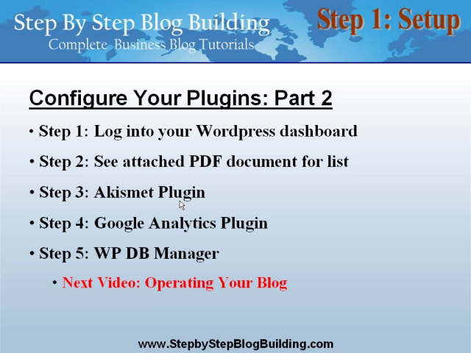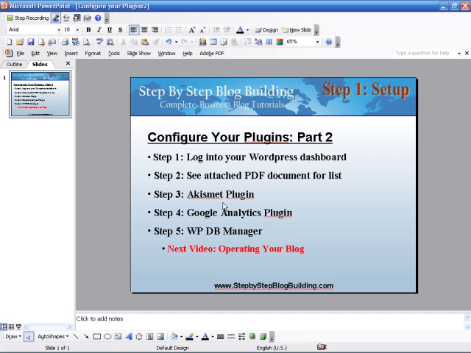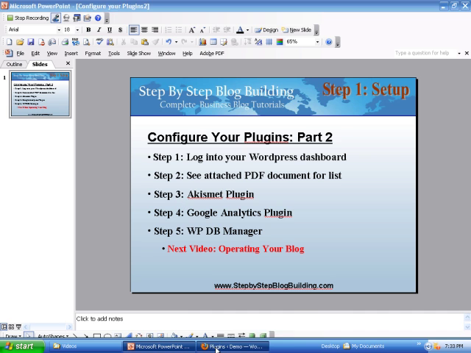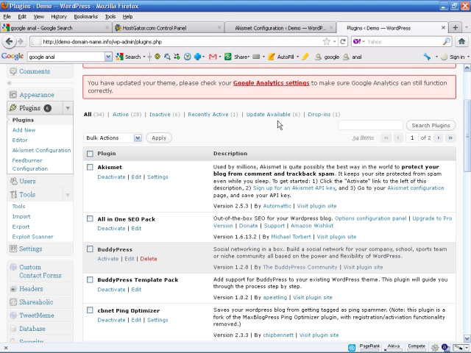You need that one. The Google Analytics, which is very powerful. It is optional, but you probably want to learn how to do that one as well, so you can monitor your traffic and so forth. As well as we'll take a look at this database manager, which has a little quirkiness to it that we need to attend to.